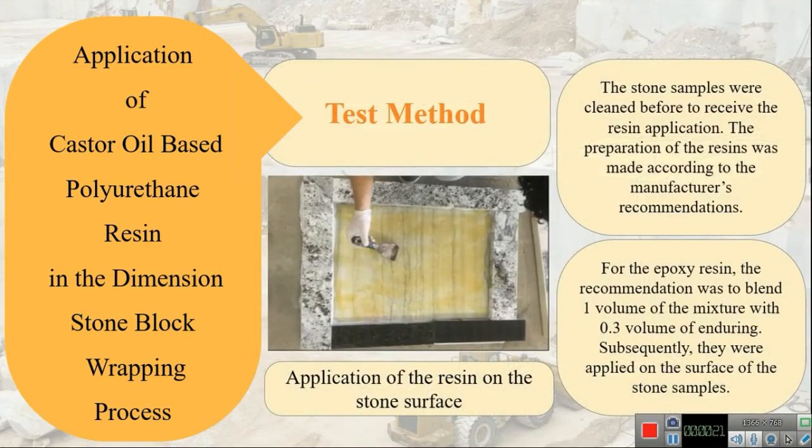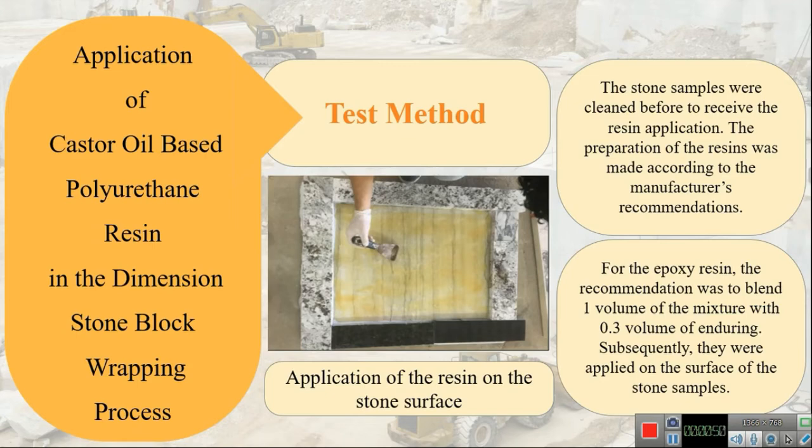For this research, the sawn samples were cleaned before receiving the resin application. The preparation of the resins was made according to the manufacturer's recommendation. The procedure for the castor oil polyurethane resin recommended blending the two components at 1 volume of polyol to 1.2 volume of polymer.